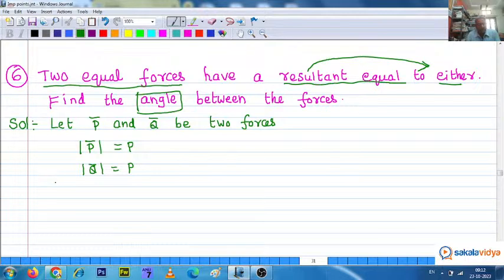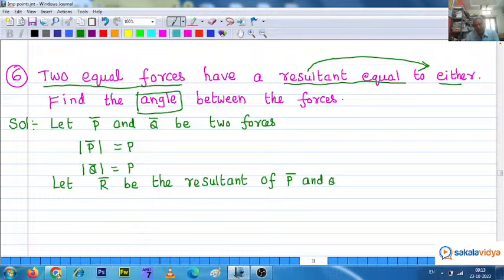Let R bar be the resultant of P bar and Q bar. According to the problem, resultant equal to either, so mod R bar is also equal to P itself. That means indirectly mod P is equal to mod Q is equal to mod R. We just assumed that it is P.